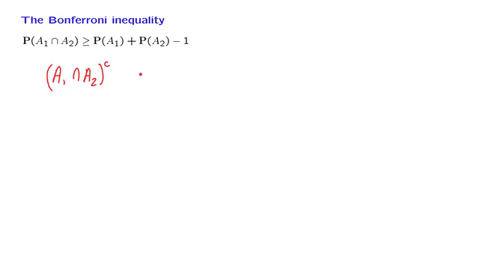Now, what is this event? Here we can use De Morgan's laws, which tell us that this event is the same as this one. That is, the complement of an intersection is the union of the complements. Since these two sets or events are identical, it means that their probabilities will also be equal.